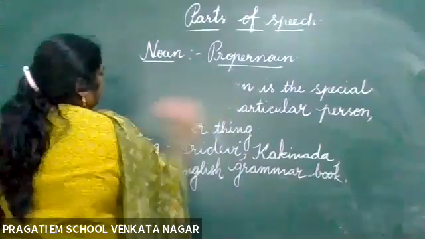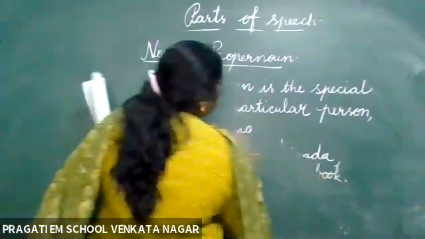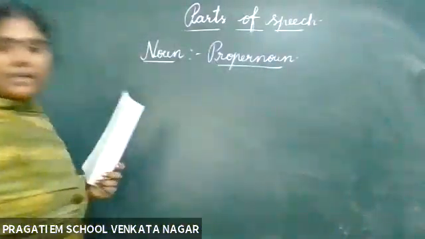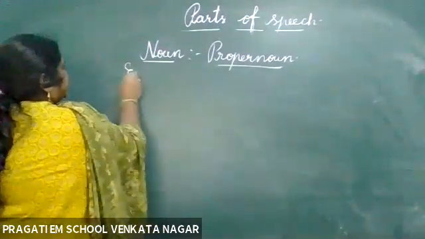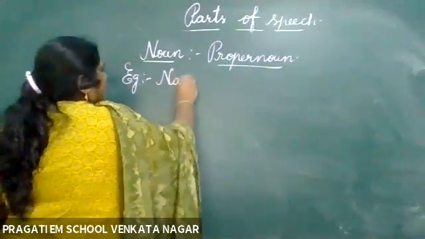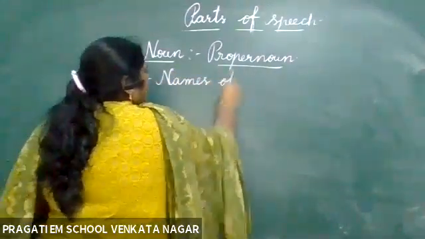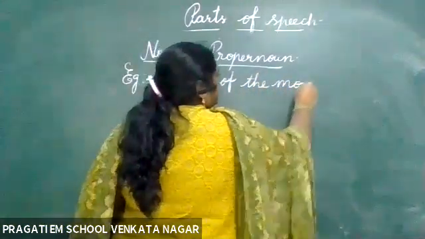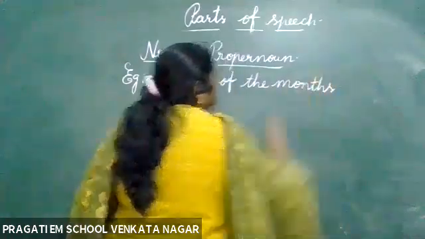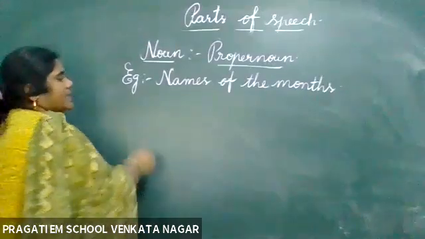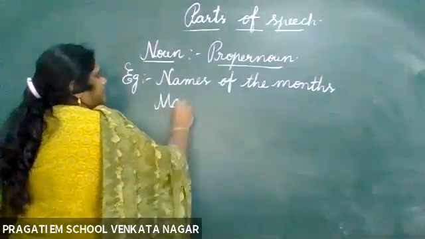Okay, next. Some more examples. Names of the month. Each month is having its own name. That is, what is this month's name? May.